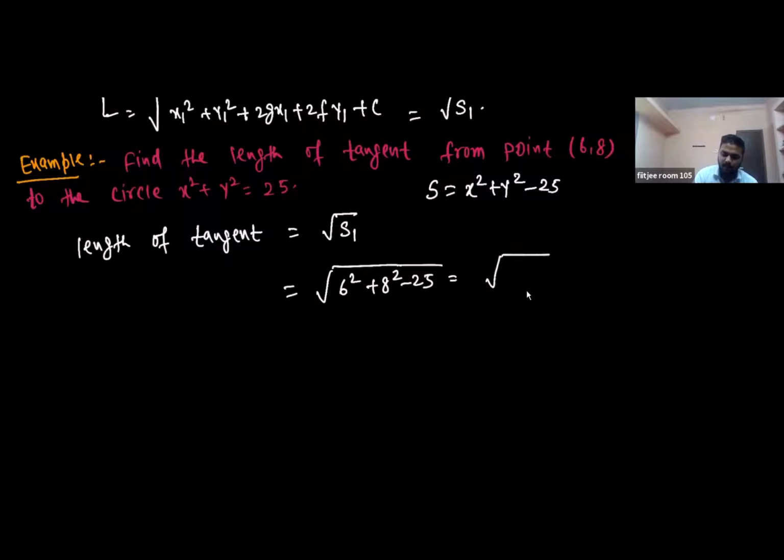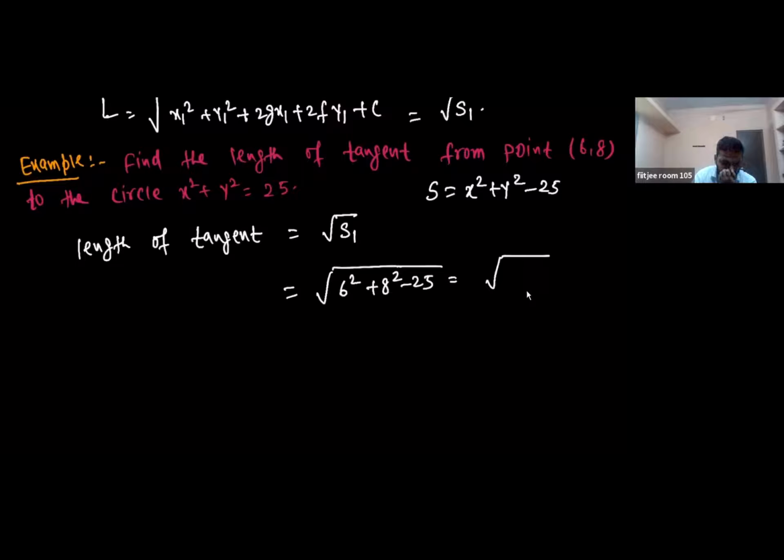That means 36 plus 64, 100, minus 25. So I am getting square root of 75. That means 5 root 3 unit. So the correct answer I am getting is 5 root 3 unit.